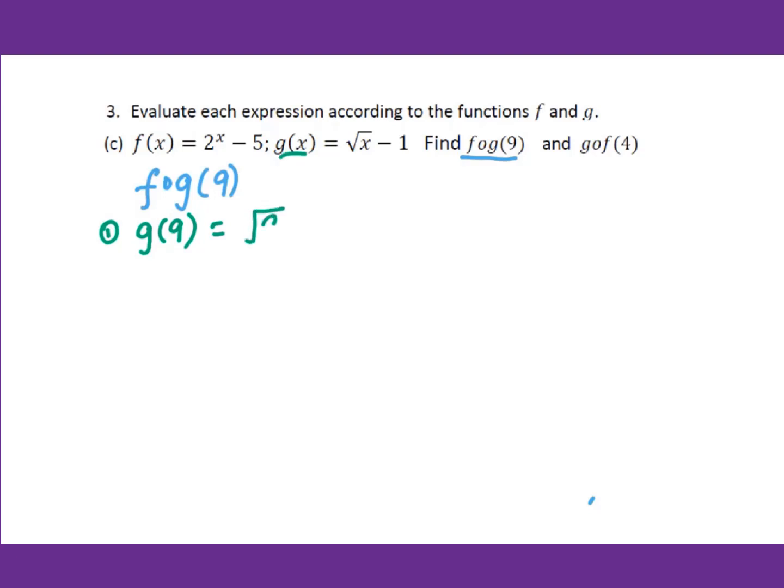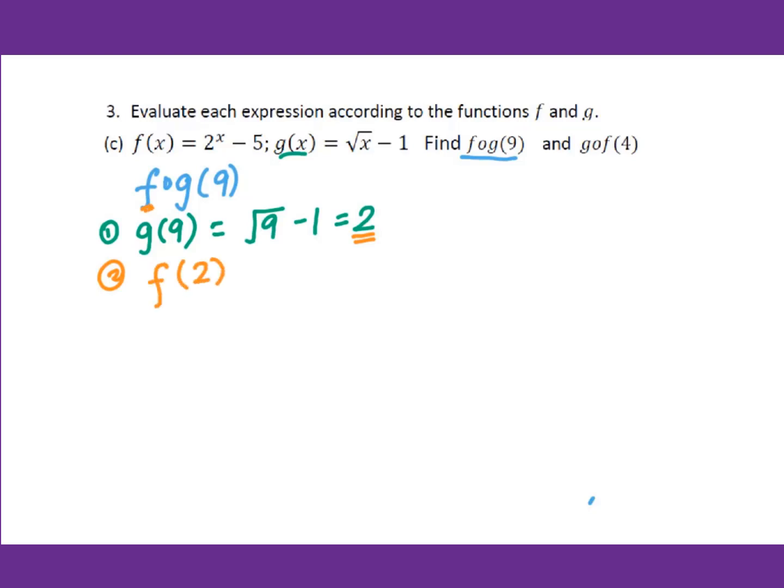You get the square root of 9 minus 1. That is 3 minus 1, which is 2. That's the first step.